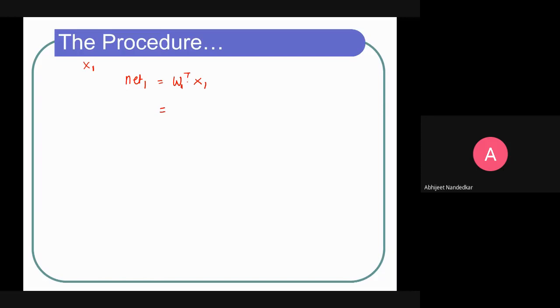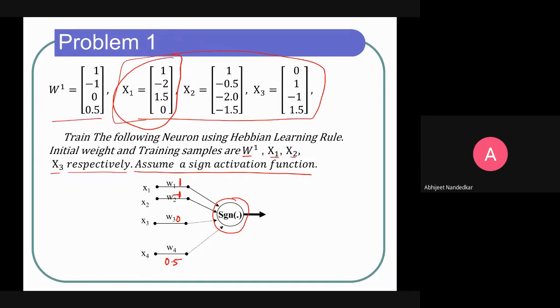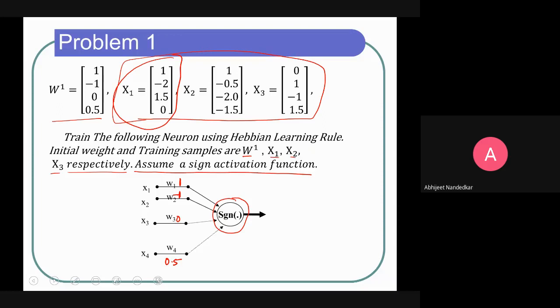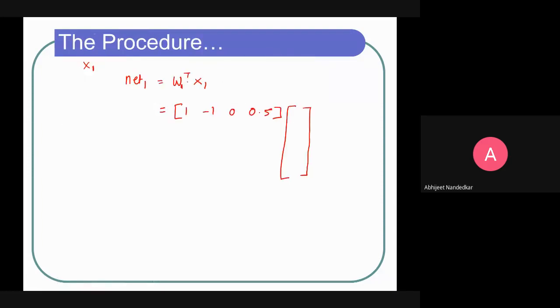So what is W1 transpose? It is 1, minus 1, 0, 0.5. This will get multiplied with x1. So x1 is 1, minus 2, 1.5, 0.